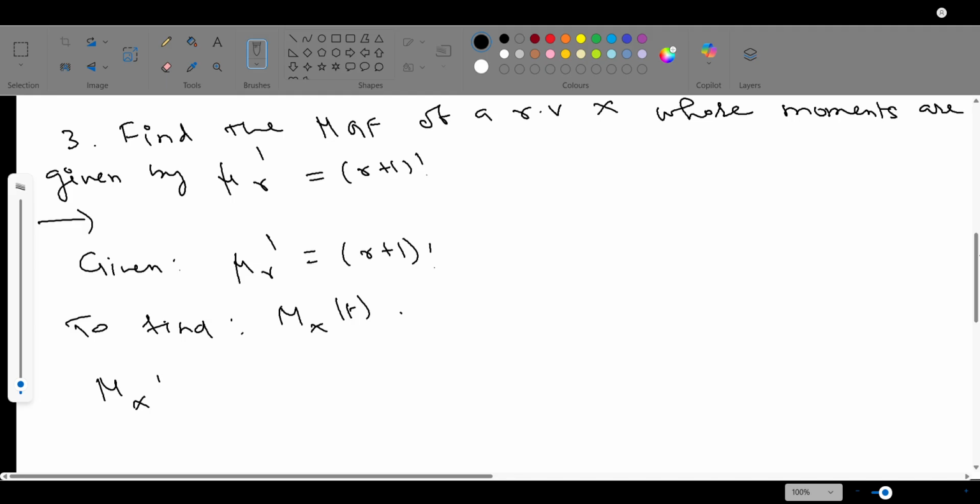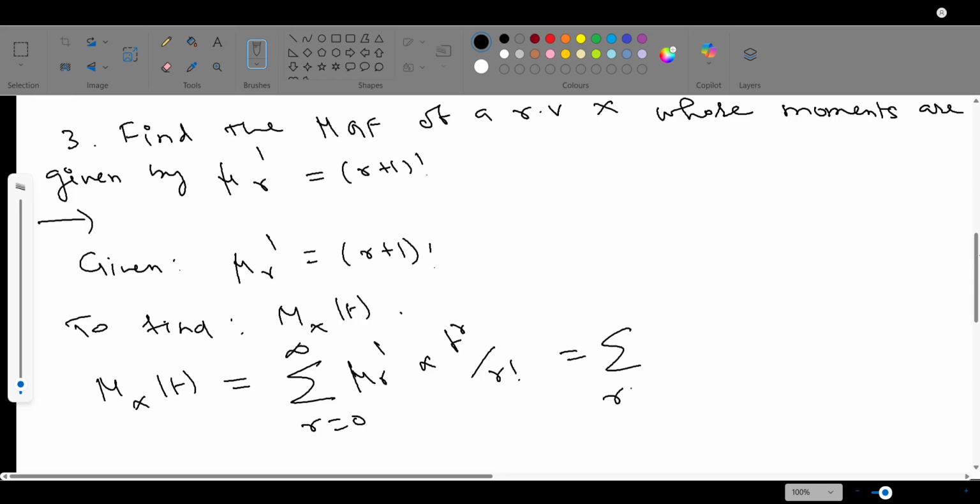Now the relation between these two things we know: M x of t equal to summation r equal to 0 to infinity mu r dash into t power r by r factorial, isn't it? That is equal to summation r equal to 0 to infinity r plus 1 factorial, which is given in the problem, t power r by r factorial.